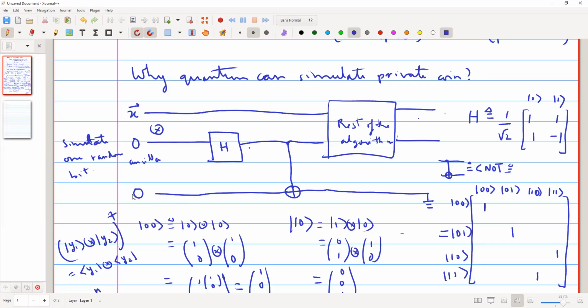Deferred measurement is applied more generally, where the rest of the algorithm is quantum, and somebody described a quantum algorithm which does unitary operations, then measurements, then some more unitary operations and measurements.